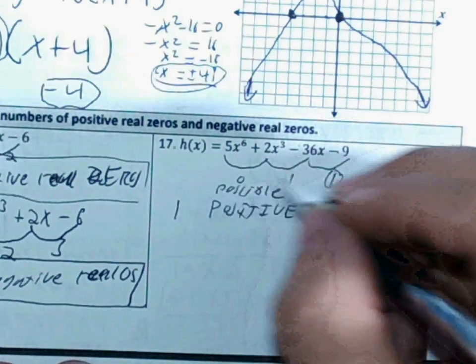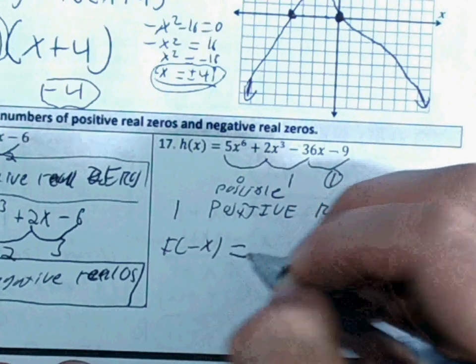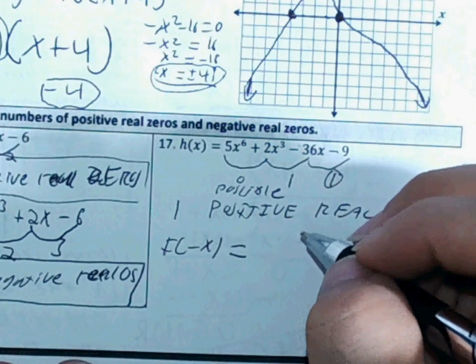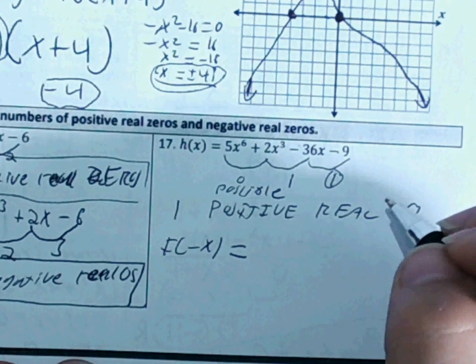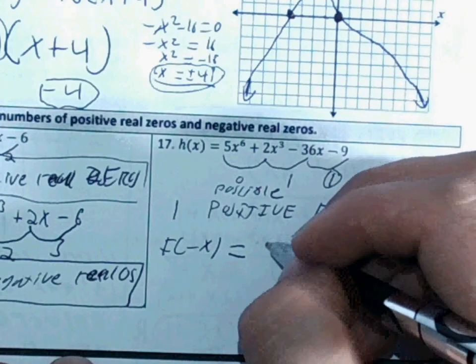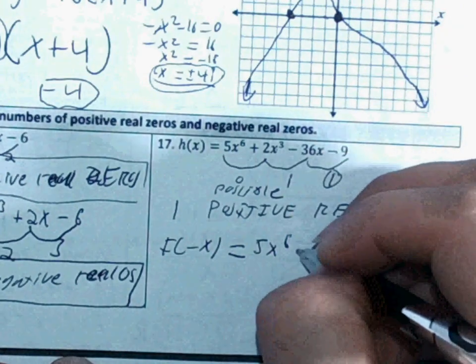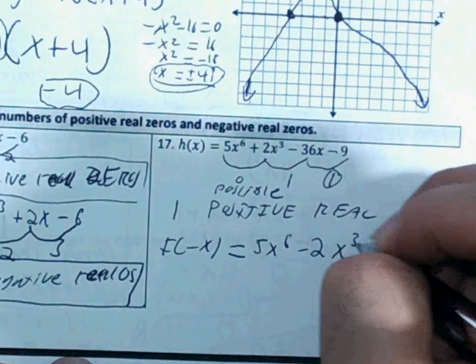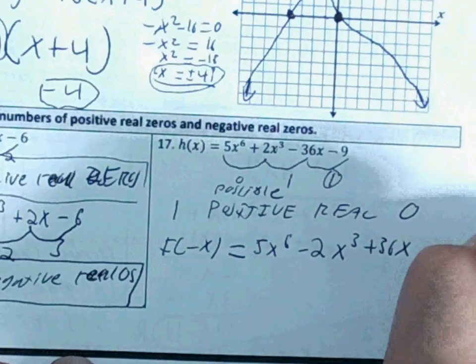Then for h of negative x, that's equal to 5x to the 6 minus 2x cubed plus 36x minus 9, since the 6 is the even degree.